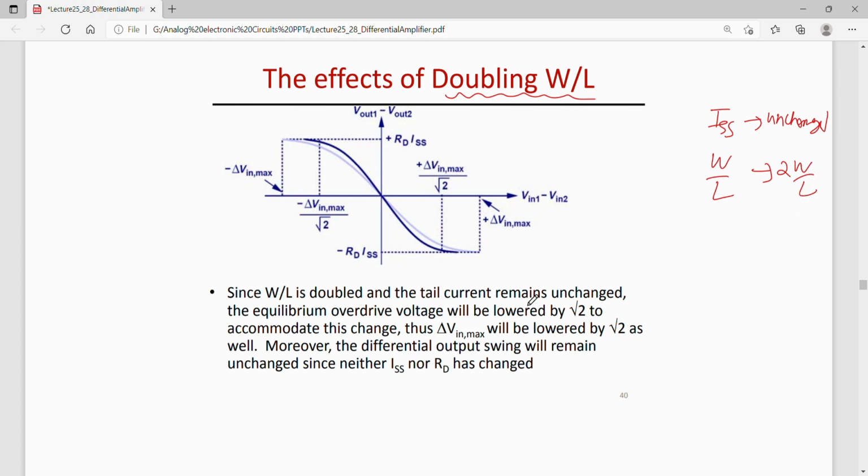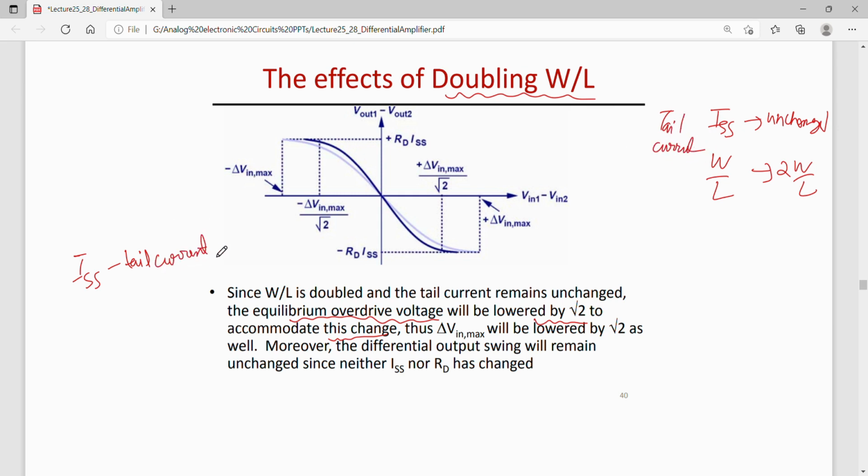Now when W by L is increasing, the equilibrium overdrive voltage will be lowered by root 2, because the tail current remains unchanged, okay. So the tail current still remains ISS, we are not changing it, right.